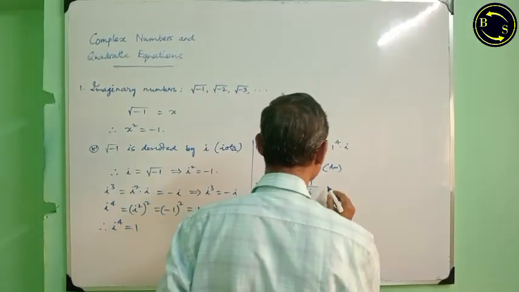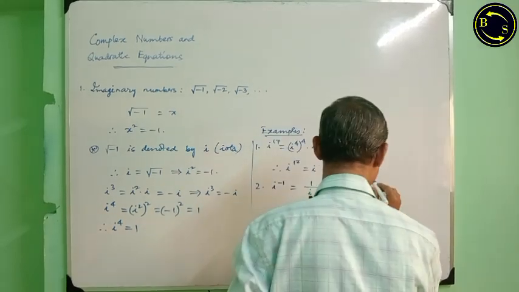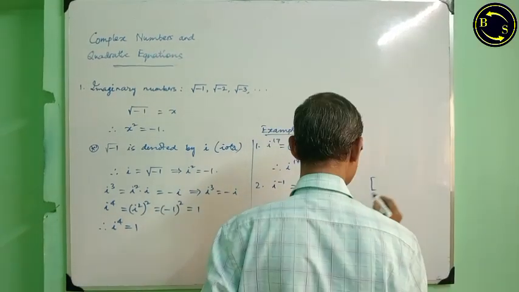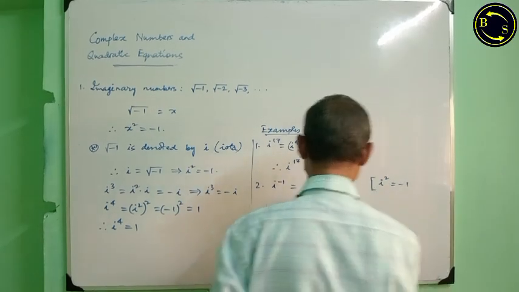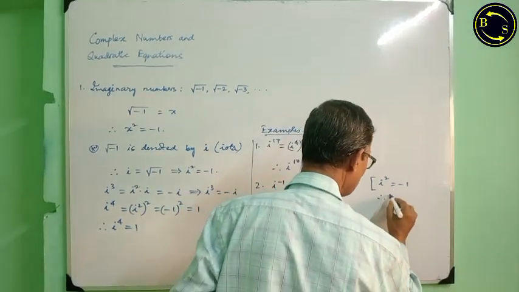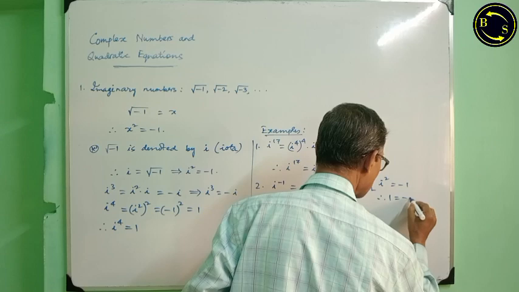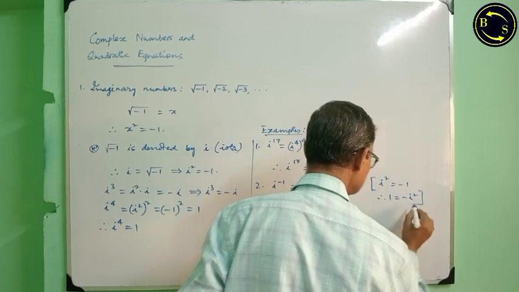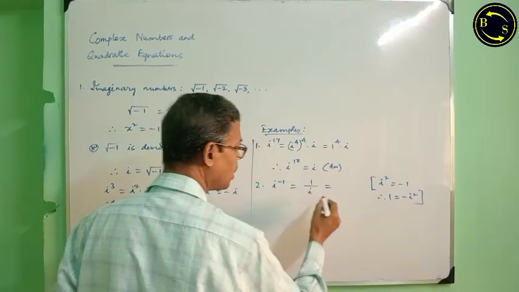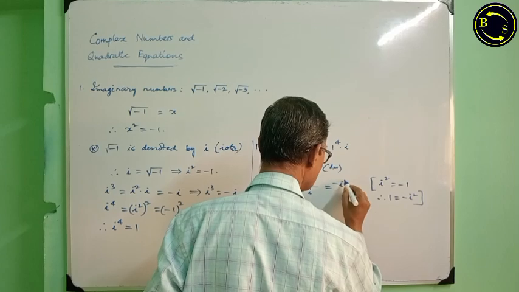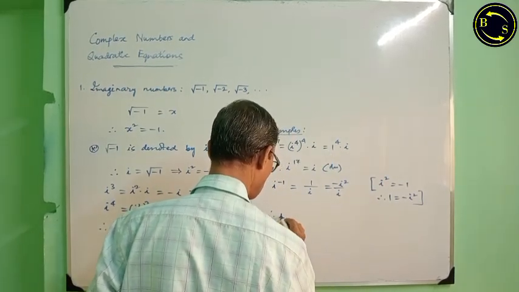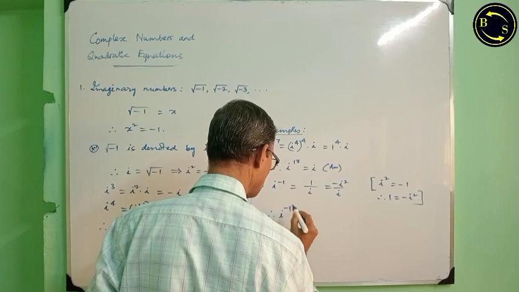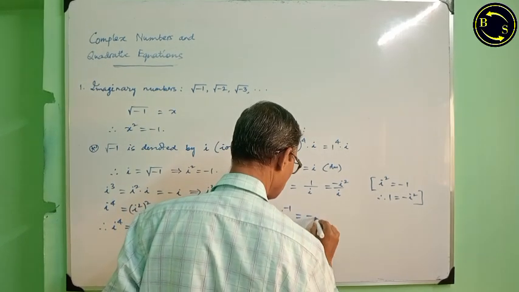Now already we have learned i square equal to minus 1. Therefore 1 can be written as minus i square. I replace this 1 by minus i square by i. Therefore i to the power minus 1 is equal to minus i.